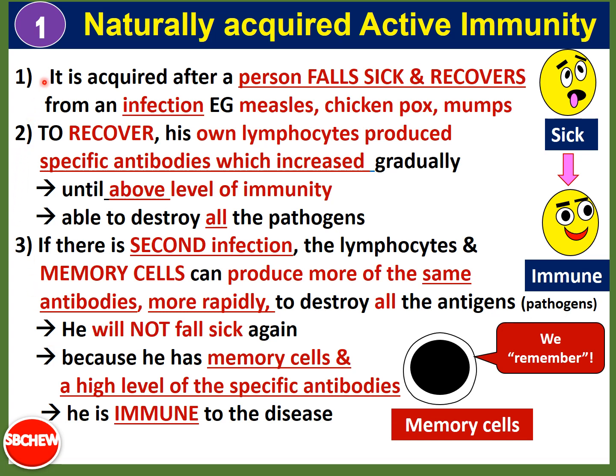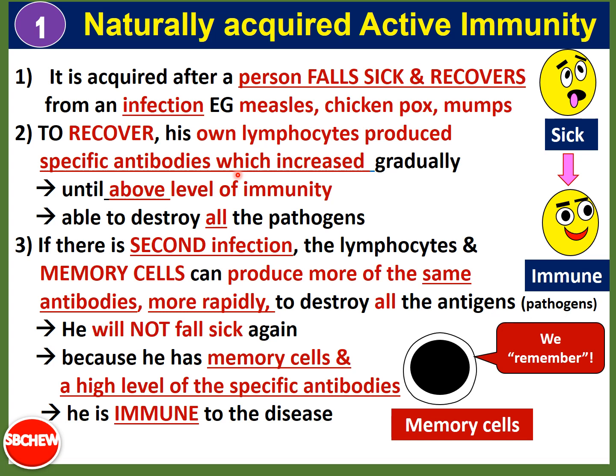The first type of immunity is called naturally acquired active immunity. It is acquired after a person falls sick and then recovers from an infection such as measles, chickenpox, and mumps, or even influenza. So when a person falls sick from an infectious disease due to pathogens or disease-causing microorganisms, his lymphocytes will start to produce specific antibodies against the pathogens of the disease.